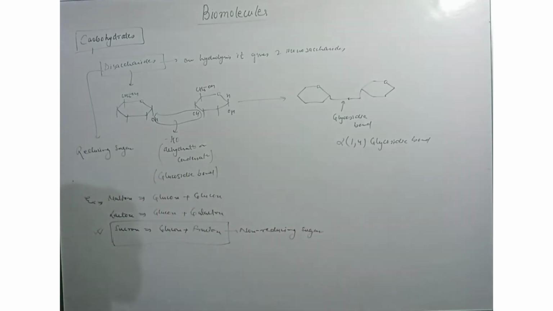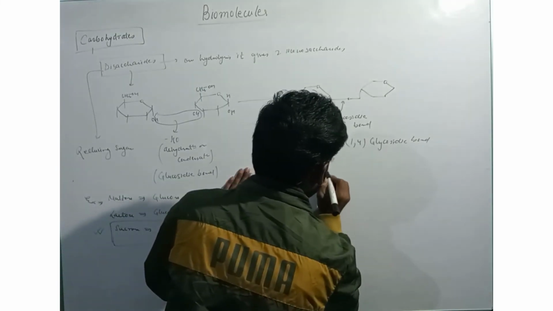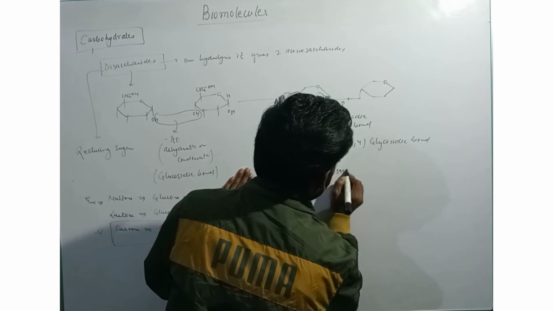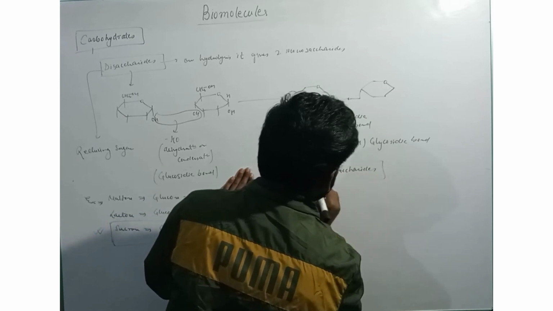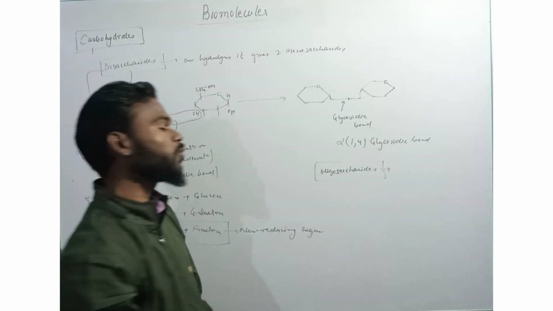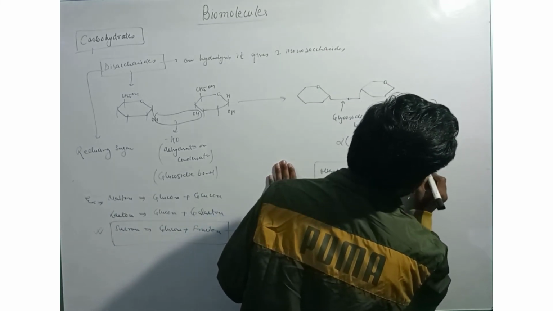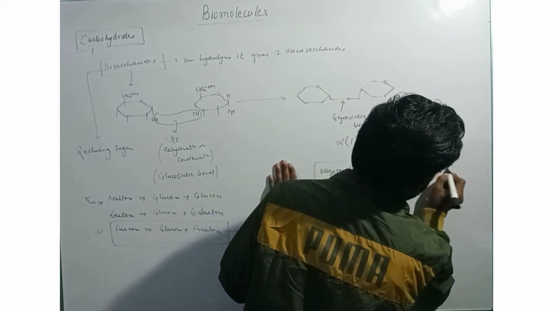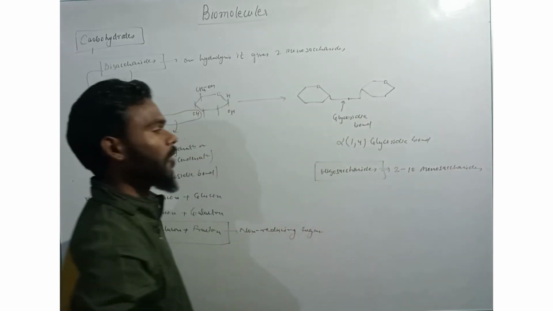Now let's come to oligosaccharides. On hydrolysis they give 2 to 10 monosaccharides. That is called an oligosaccharide.